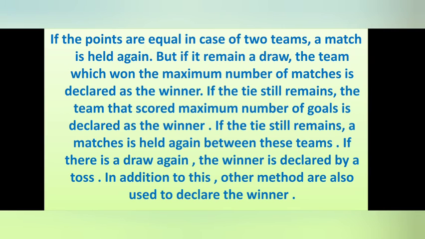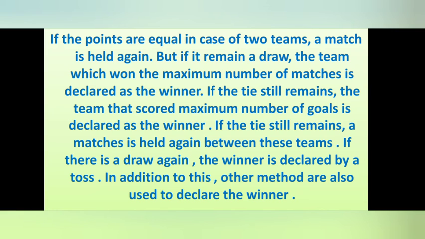If all points are equal, or all goals are equal and scoring points are equal, we use these methods to know which team will be the winner. The last method we use to declare the winner is a toss.